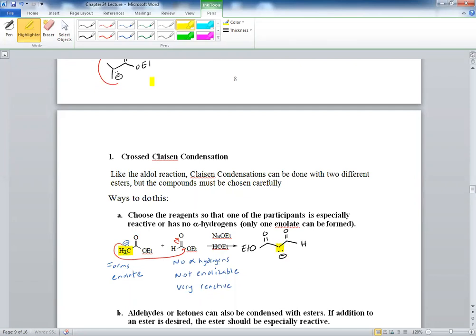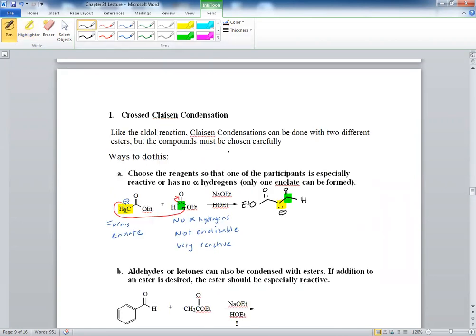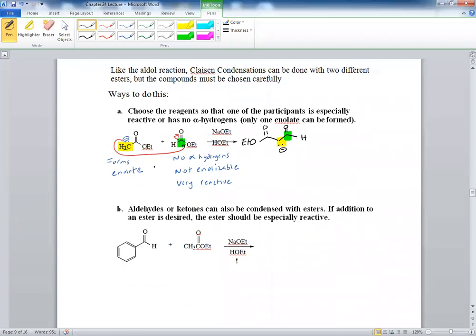This is green. So that's one way: choose one that has no alpha hydrogens on it, and then the reaction can go only in one direction. That's it. You can't have a mixture of products.